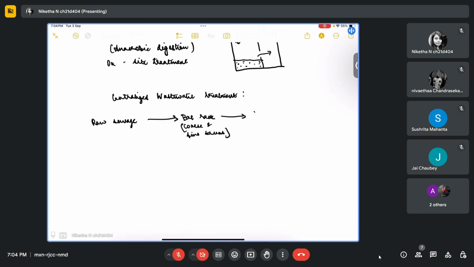Once screening is done, it will be passed to a grit chamber, and after the grit chamber it will come to an equalization tank. These three processes together are called pre-treatment processes.